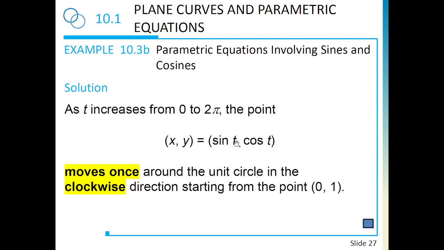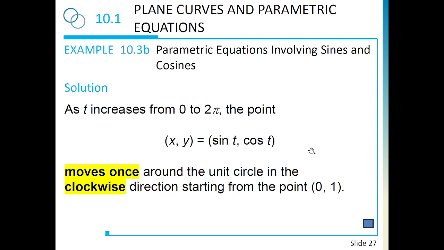In both cases, we have a unit circle. However, the starting point is not the same and the particle doesn't move in the same direction. So you see the difference. Even though in both cases we have the unit circle as the shape of the curve, the movement of the particle is not the same and the starting point is not the same.